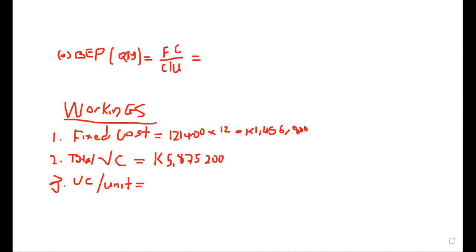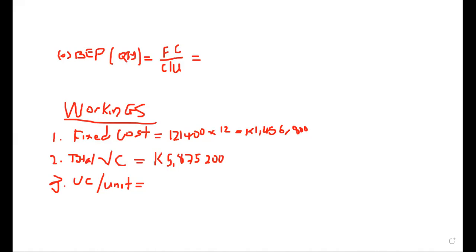We can test in any of these months so that we confirm, because the variable cost is supposed to be constant. That is another assumption of break-even point: the variable cost per unit remains constant.